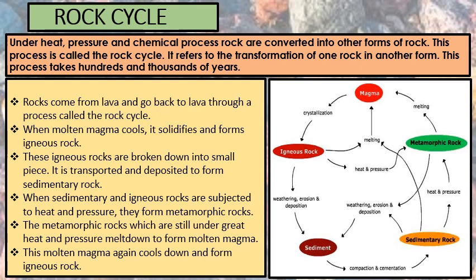Again, the metamorphic rock which is still under great heat and pressure melts down to form molten magma. This molten magma again can cool down and solidify into igneous rocks. So students, this process keeps going on again and again without breaking. So these three types of rocks keep changing their types from one to another under heat, pressure and chemical change.